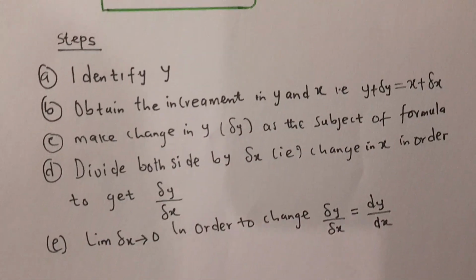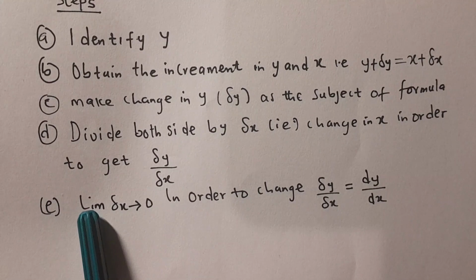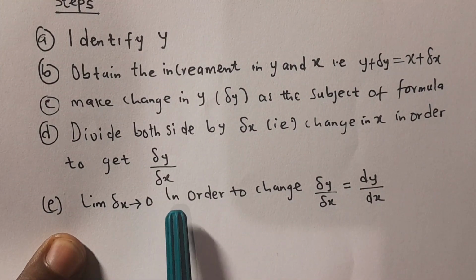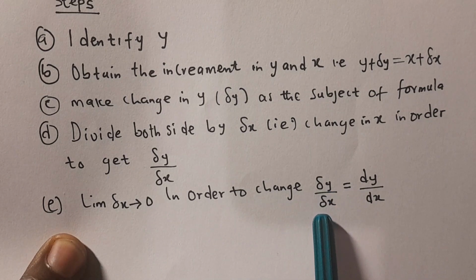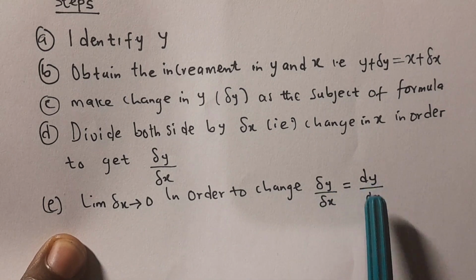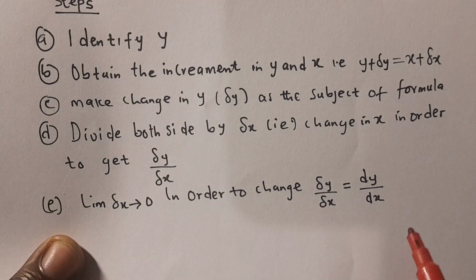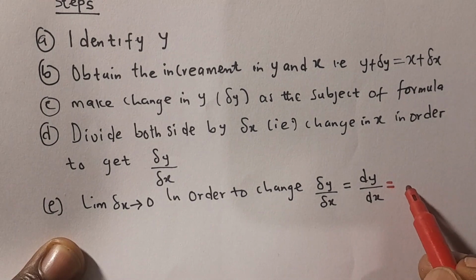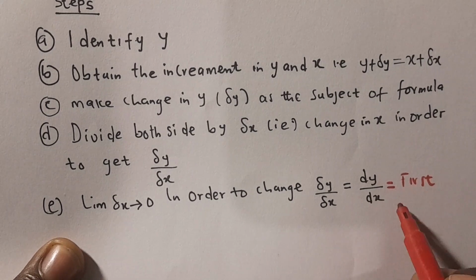After that, take the limit as change in x tends to 0, so that change in y over change in x equals dy dx. And this is our first derivative.